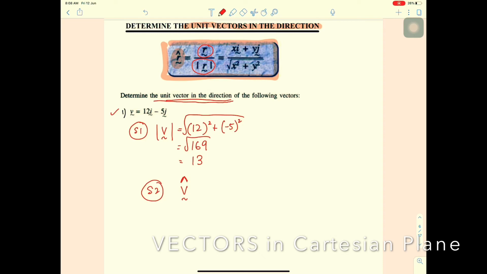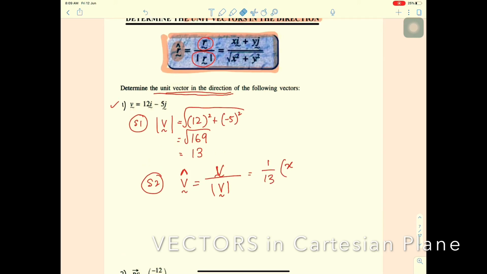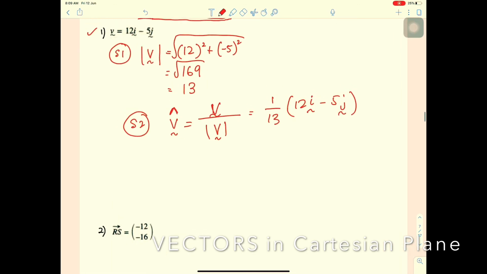It equals 1 over the magnitude of v, times vector v, so 1 over 13 times (12i minus 5j). You can leave your answer like this, or expand it to 12 over 13 i minus 5 over 13 j.